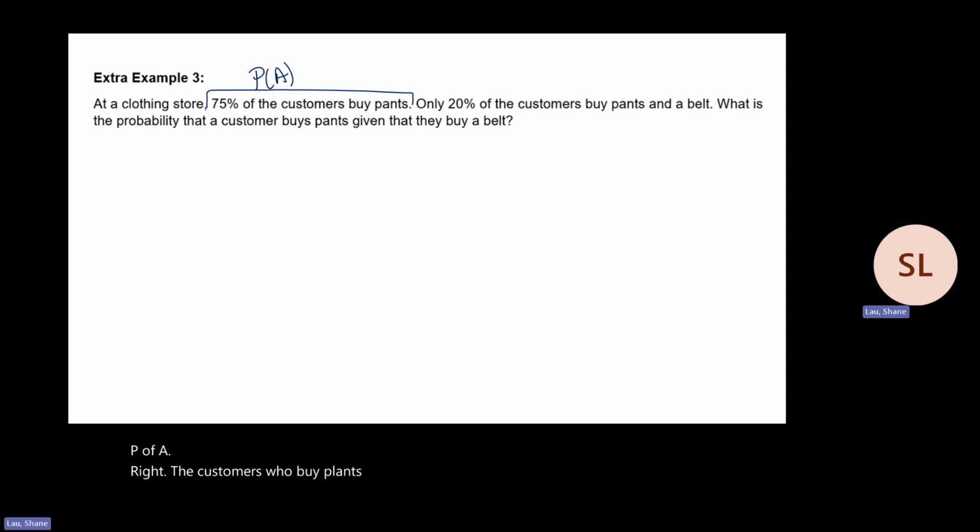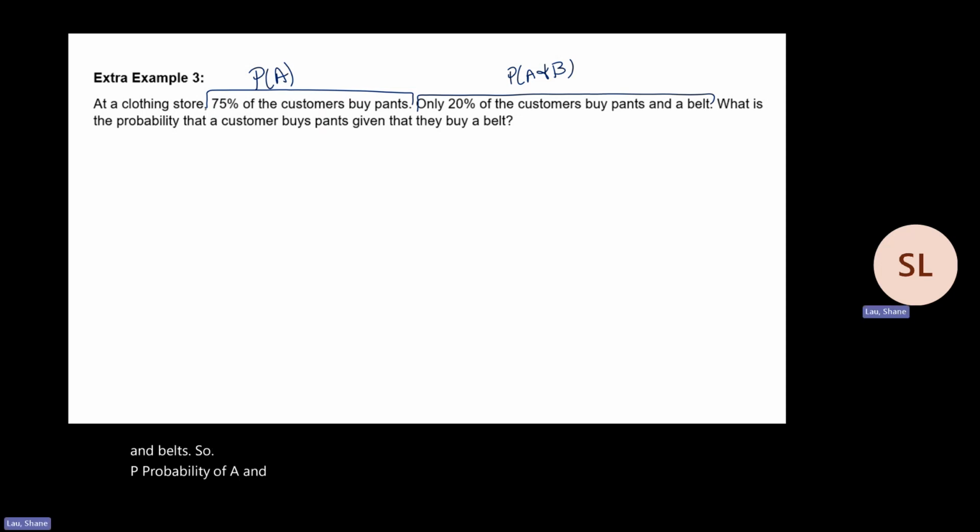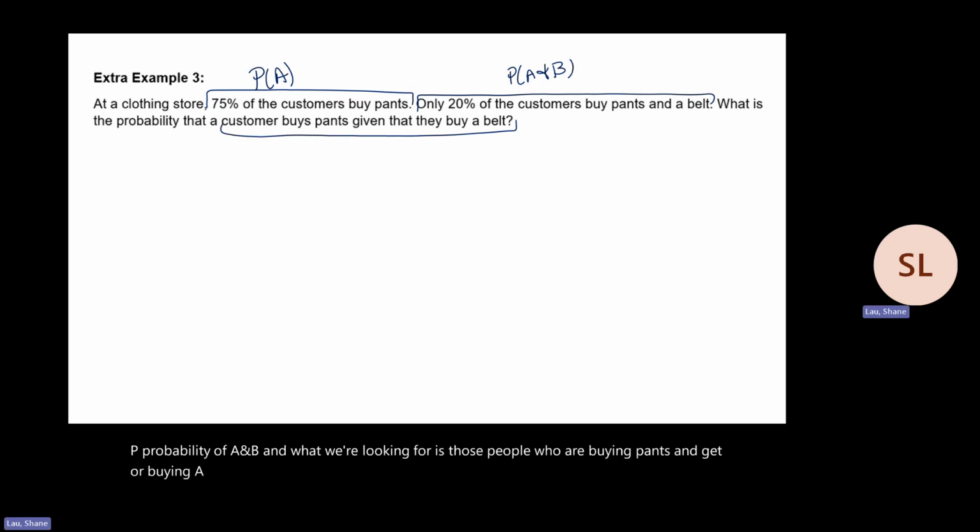Then only 20% of customers buy pants and a belt, so that's the probability of A and B. And what we're looking for is those people who are buying a belt because they bought pants, essentially. That's going to be our probability of B given A.